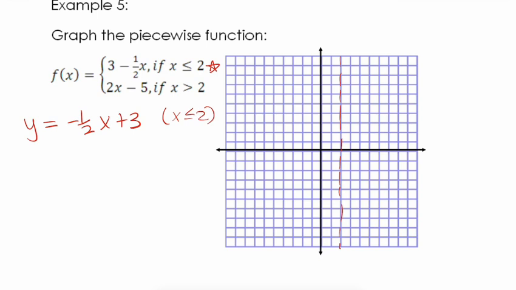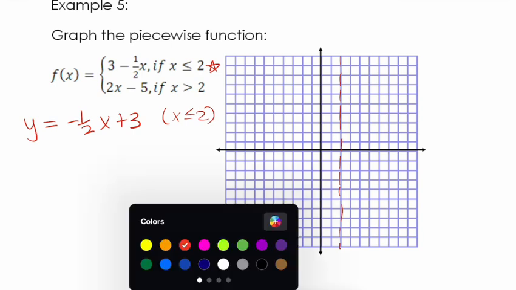So we want to graph the line y equals -1/2 x plus 3 for x less than or equal to 2. Now you need 2 points to make a linear equation.